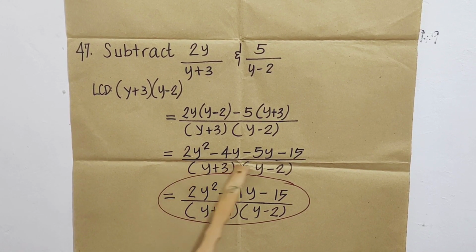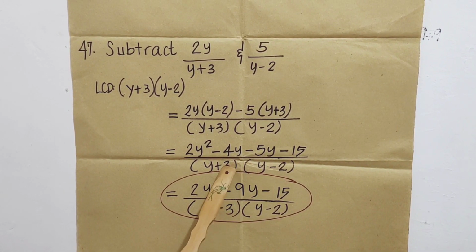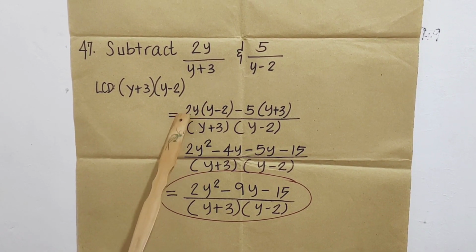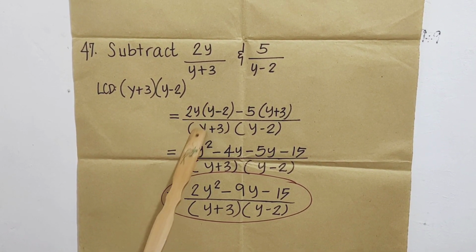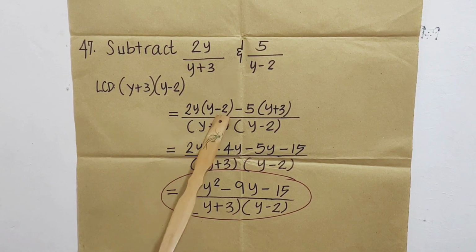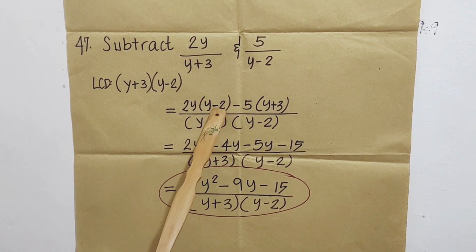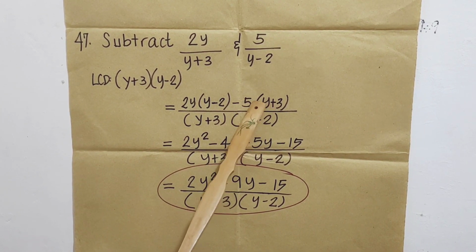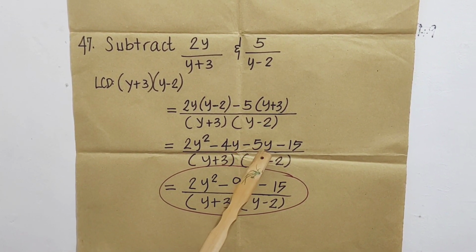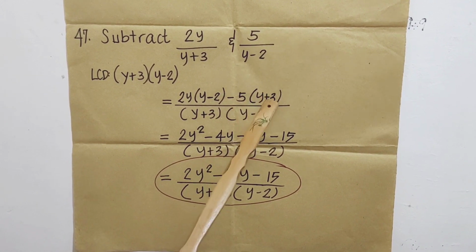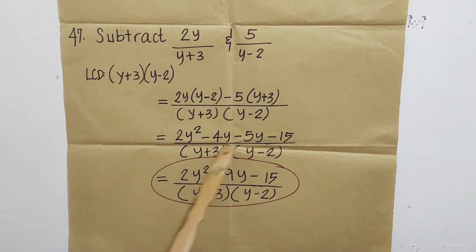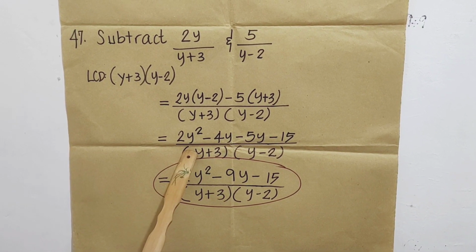Then the next step is to simplify, meaning we're going to remove all the symbols here. So 2y times y equals 2y squared, and 2y times negative 2 is negative 4y, and negative 5 times y equals negative 5y, and negative 5 times positive 3 equals negative 15. Then copy the denominator.